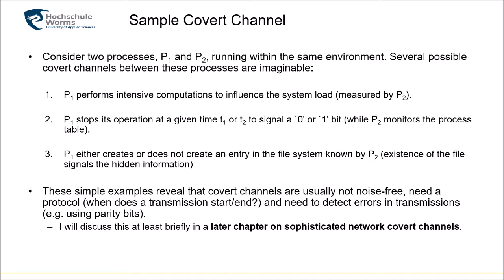It would also be good to detect errors, for instance using parity bits. I will discuss network-based solutions for part of these issues in the chapter on sophisticated network covert channels, but we will first have a few chapters in between, and then I will introduce you to these sophisticated topics.